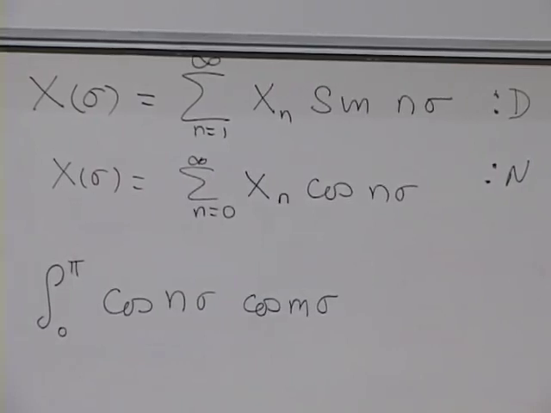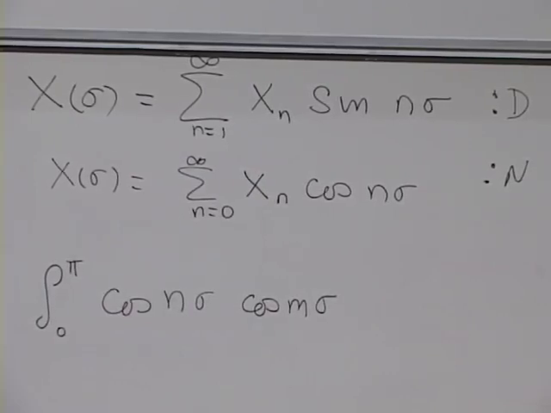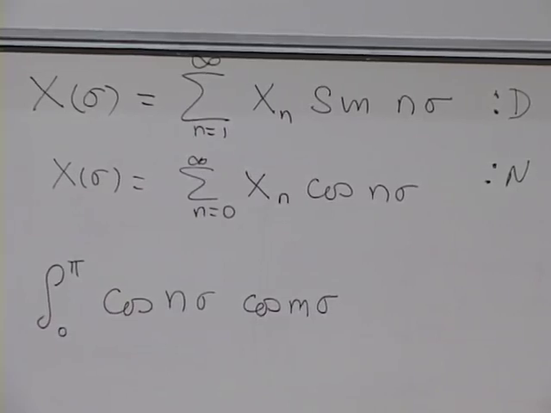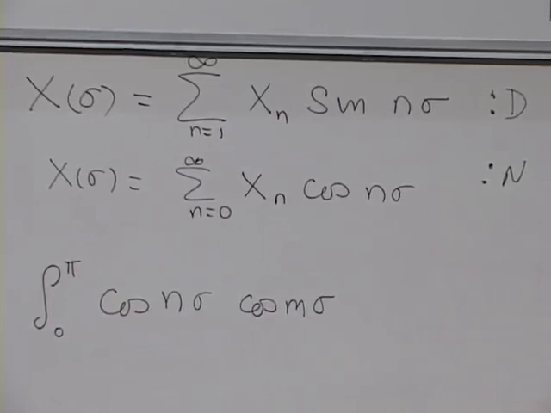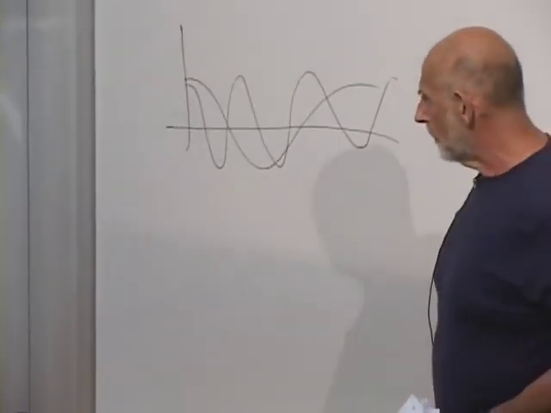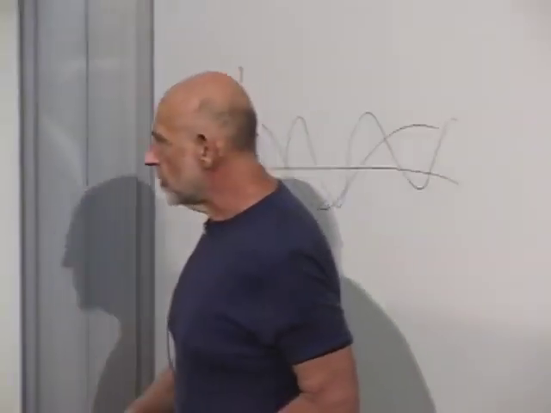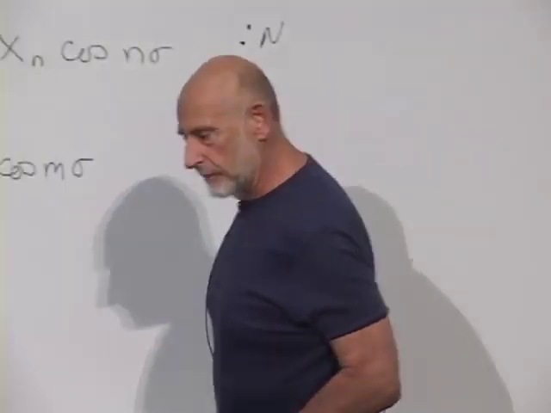If n is not equal to m, it means you're multiplying one cosine by another cosine. And as most of you know, I suspect, if you do that and integrate it and average the product of them, you'll get 0. Okay. So this is 0 if n is not equal to m.